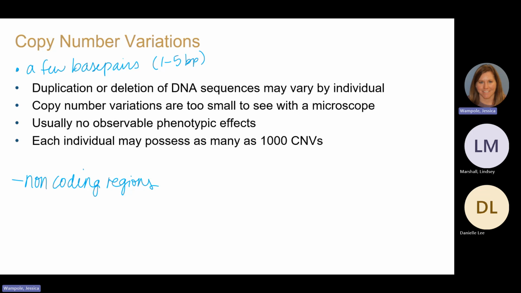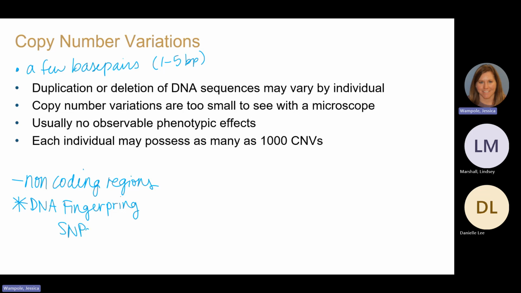So they usually vary greatly among individuals. So, for example, a lot of our DNA fingerprinting is actually targeted for regions that are known to have copy number variations.